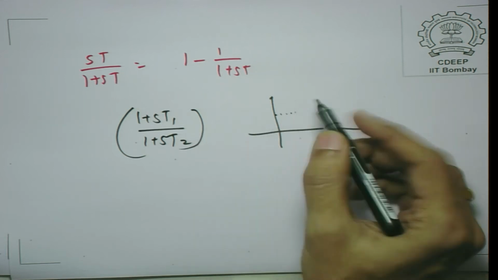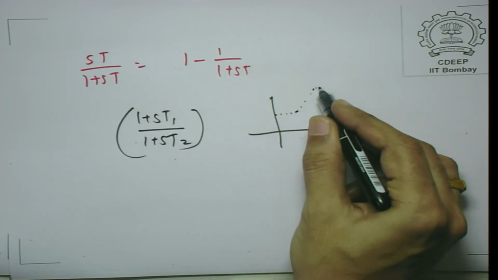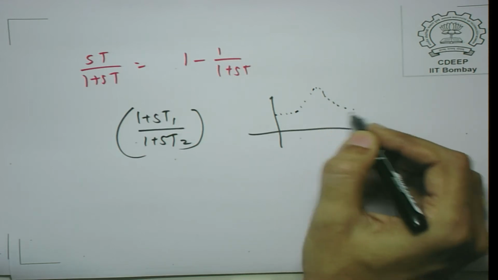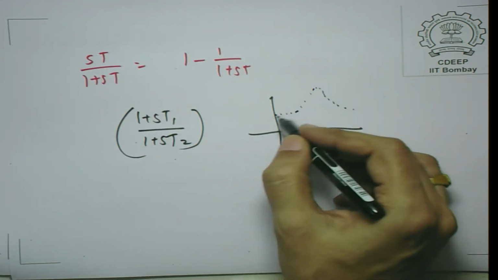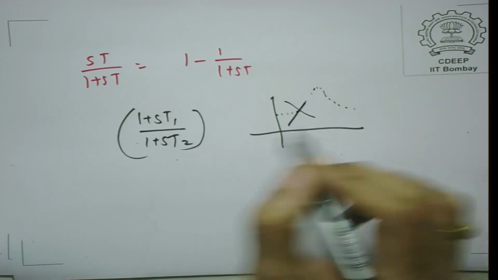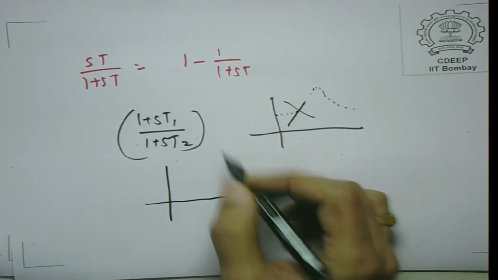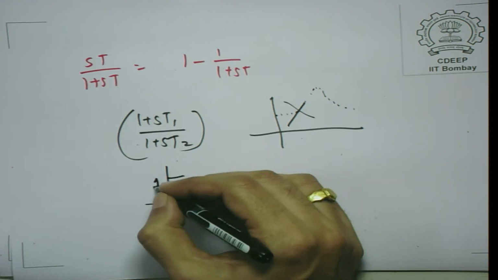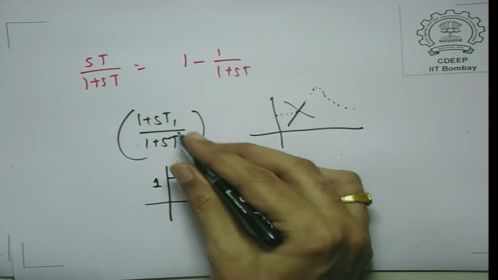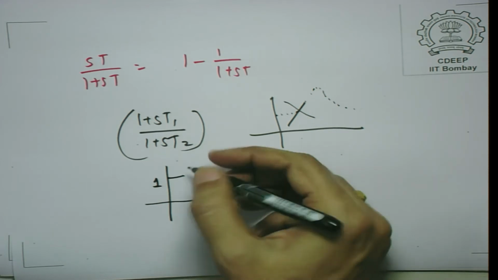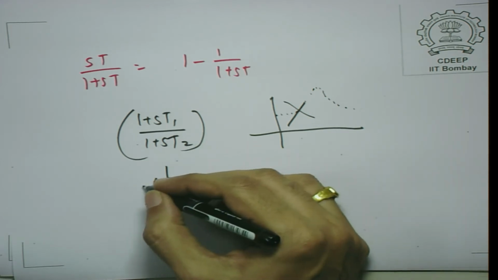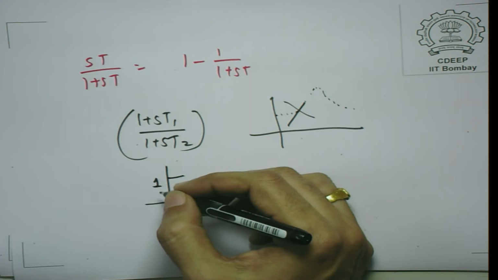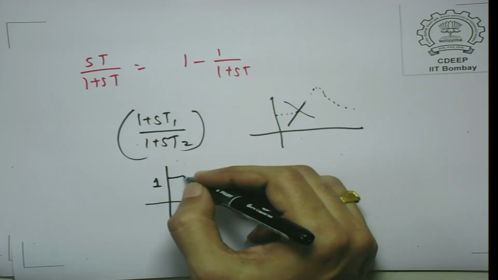I am sorry, this is not how it looks like. This is not in the log scale, of course, the gain is 1, you just put s equal to 0, and in the log scale this gain of 1 becomes 0 decibel. So, that is something which you should remember.